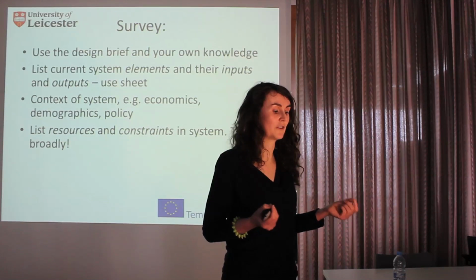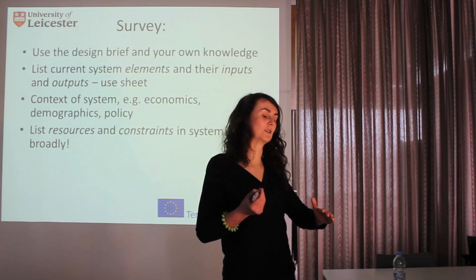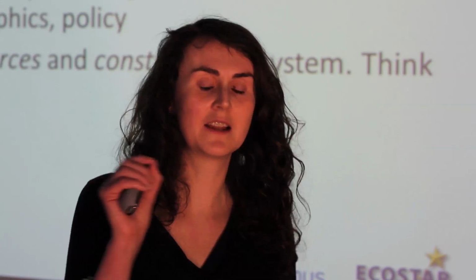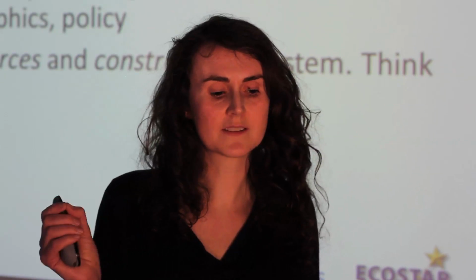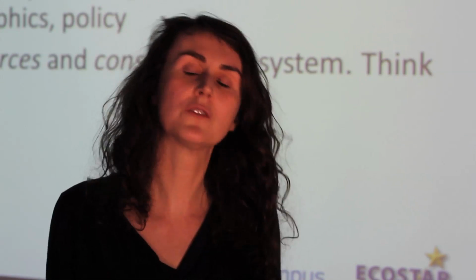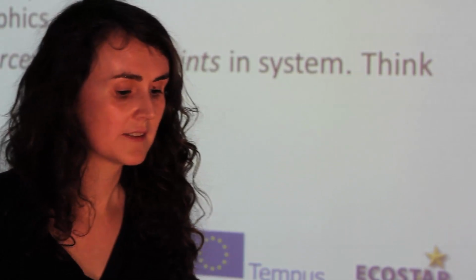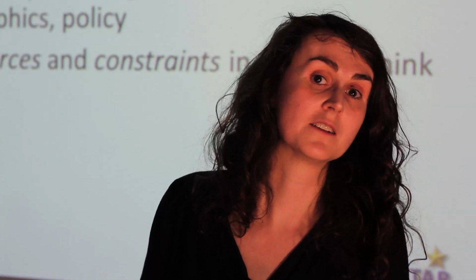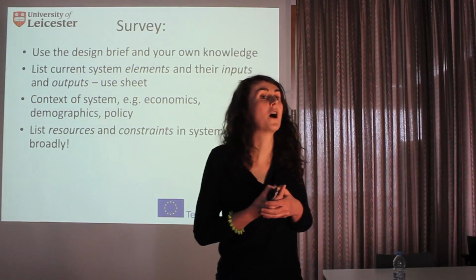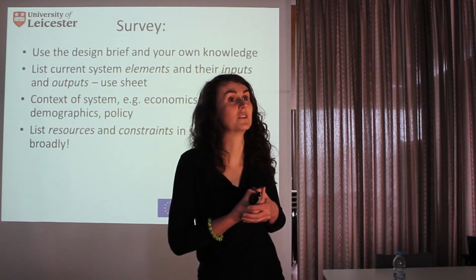Firstly, I want you to list all of the elements that you can see in that design, and then list their inputs and outputs. And then I want you to start thinking about the context of this system. There's some detail in the design brief about the context, but it might be easier to think about it as if this were your own country and your own region.